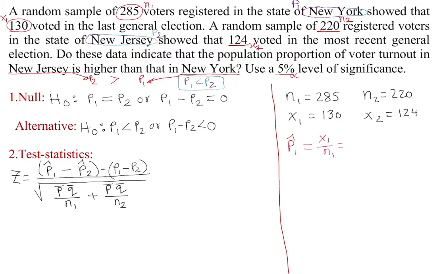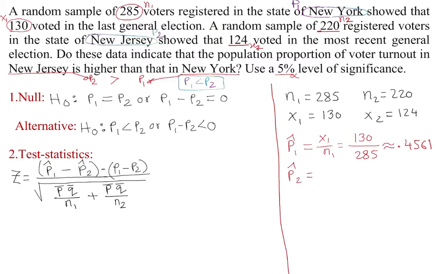So we're going to plug it in here. x1 is 130 over 285, and that will result approximately in 0.4561.